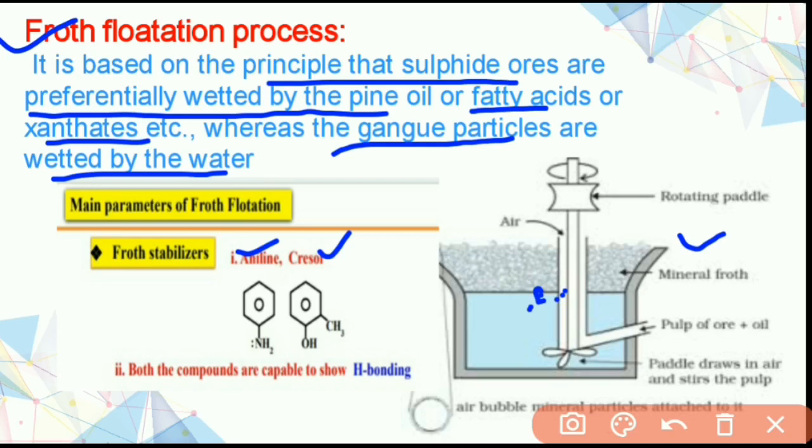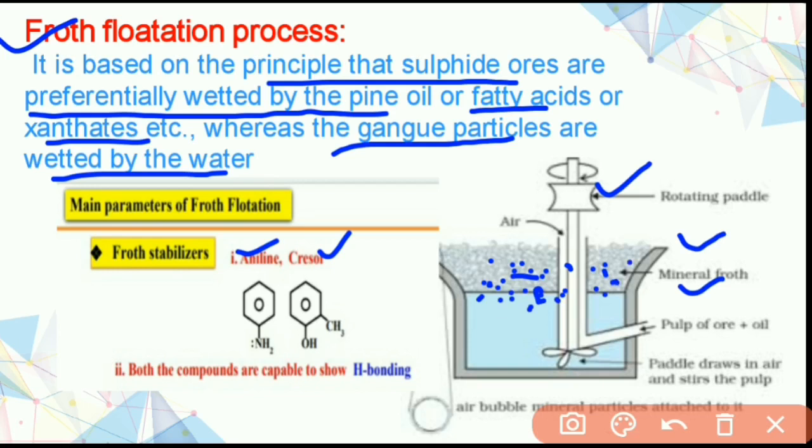A rotating paddle agitates the mixture and draws air into it and forms mineral froth. As a result, froth is formed, which carries the mineral particles. In this froth, mineral particles are carried, and the froth is lighter, so it forms the upper layer and can be skimmed off, from where our ore particles are recovered after drying.